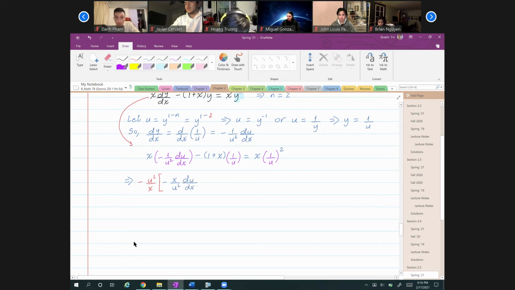And then right here you have minus 1 plus x over u. And then on the right side, you multiply the same thing. So what you have is x over u squared.